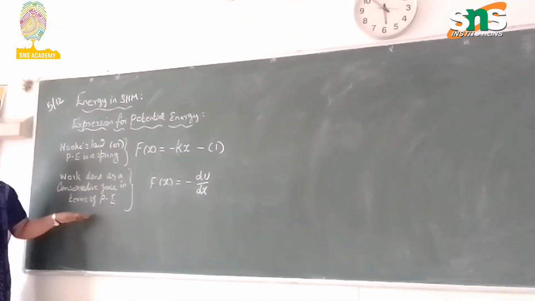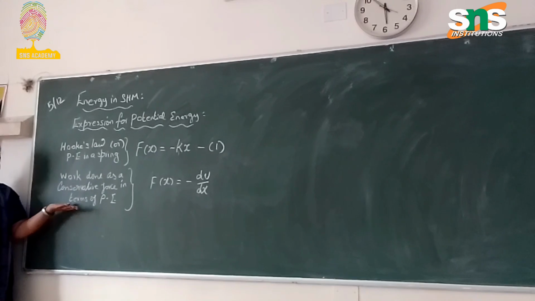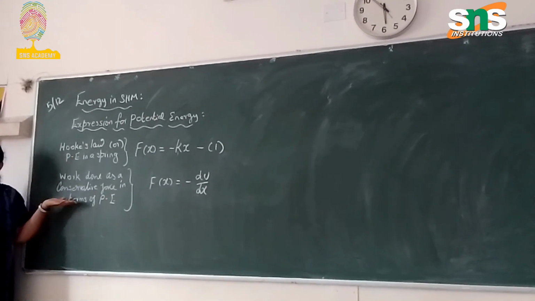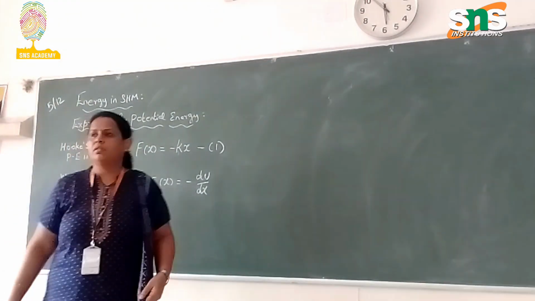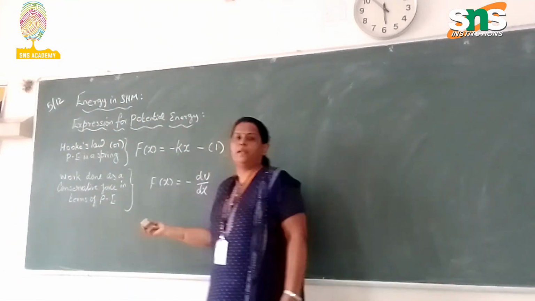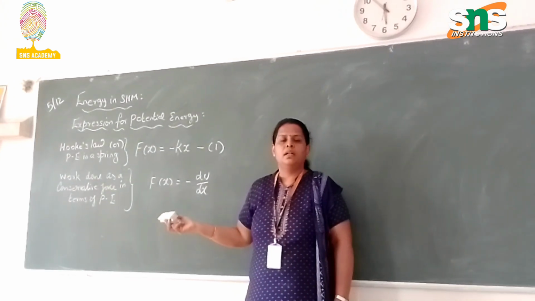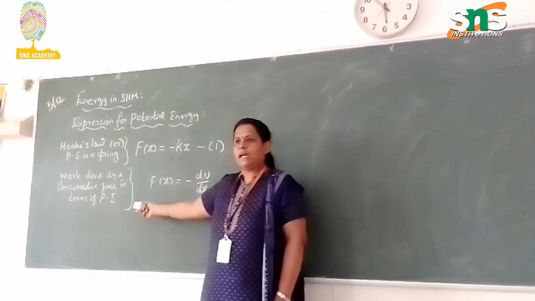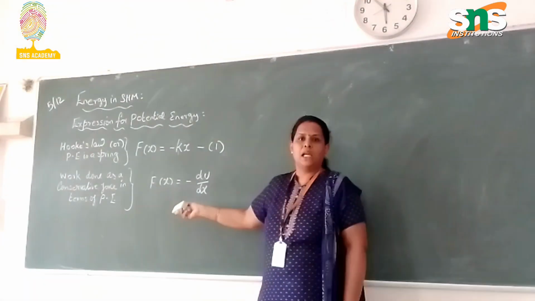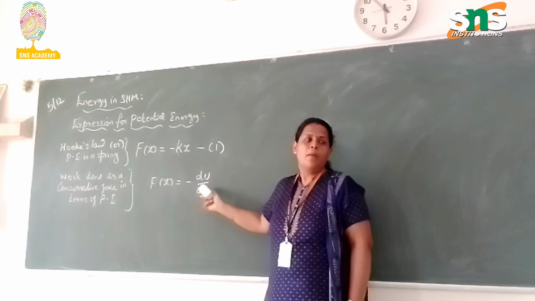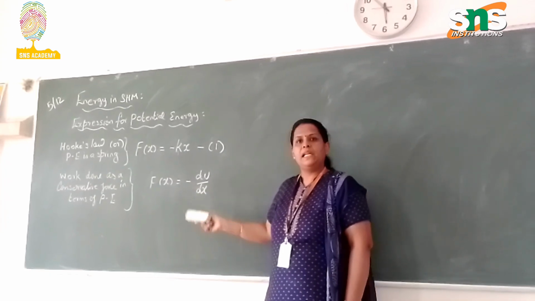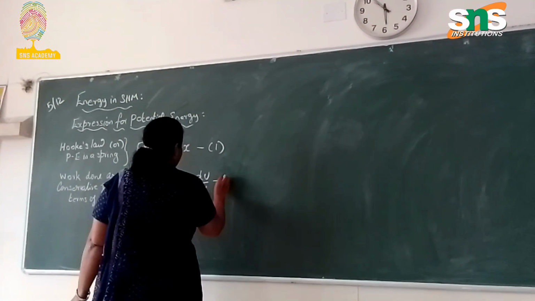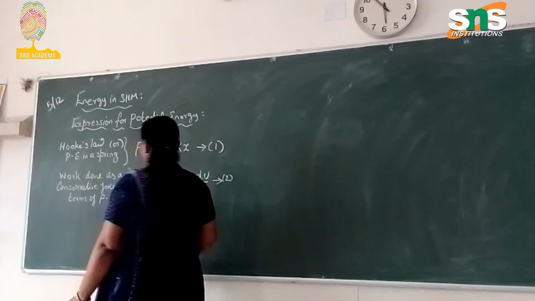You can check in your notebook for this equation also. This is work done as a conservative force. Conservative force means what about the relationship between field and the path? Will they be dependent or independent? The field will be independent of the path. Am I right? This is a conservative force. So at that time the equation is F of x equal to minus du by dx. Both the equations we discussed in our fifth chapter. Okay. So this one I am going to consider as equation number 2.